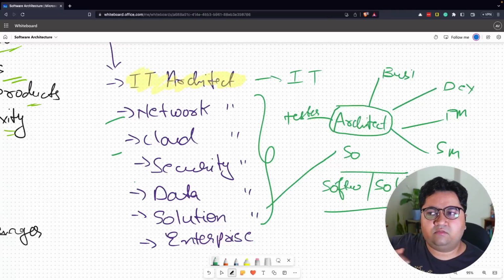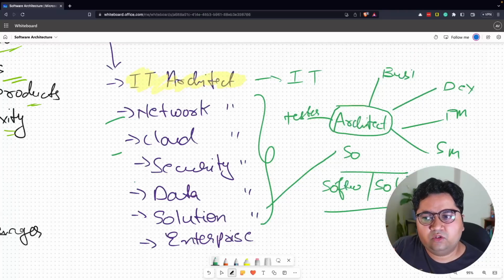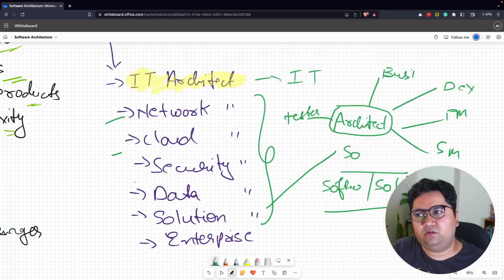Solution architects are kind of all-rounder or generic architects whom I would think of as T-shaped. So they have either specialized in one or a few of them, or have a generic understanding of the broad. They are more like jack of all trades, and they typically operate at the level of product and stuff like that.